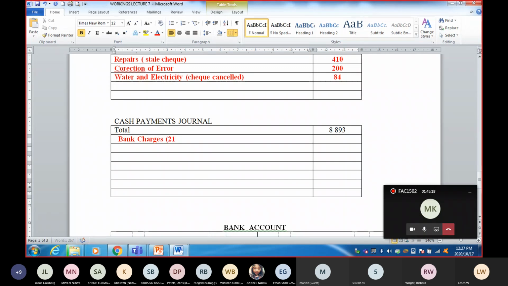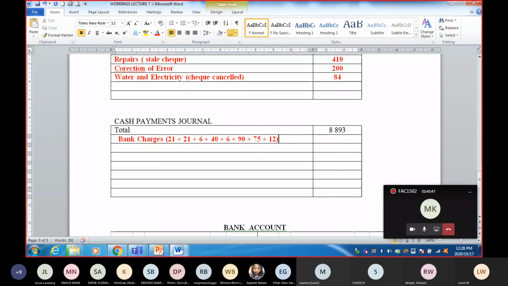For the bank charges, you will add up the bank charges. You will indicate it is 21 Rand plus another 21 Rand plus a 6 Rand plus a 40 Rand plus a further 6 Rand again plus another 90 Rand plus another 75 Rand plus another 12 Rand. That is all my bank charges.